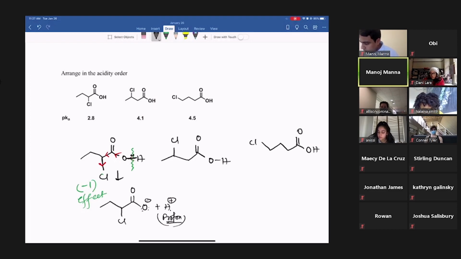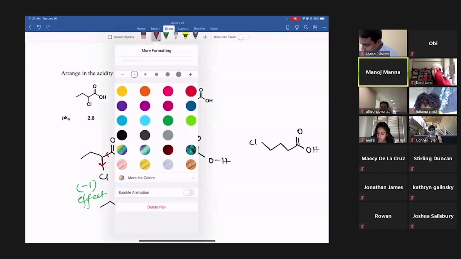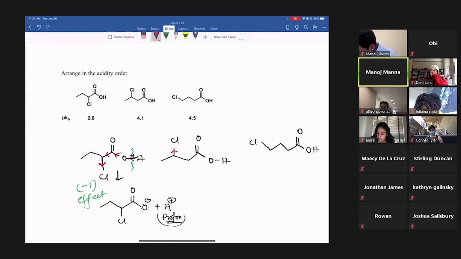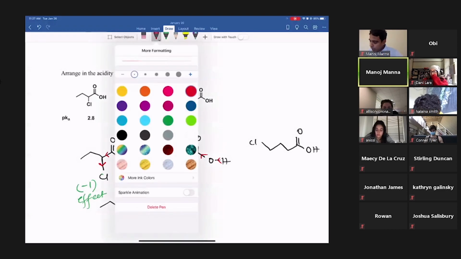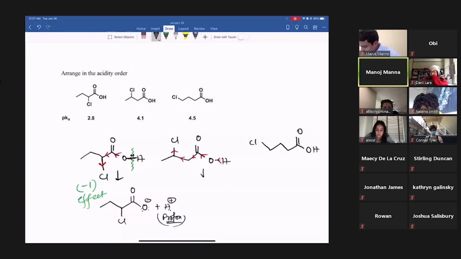The second one, similarly, electrons are dragging in this direction through bond, right? In this direction you have the inductive minus I effect. So this will again dissociate to Cl double bond O minus plus H plus.